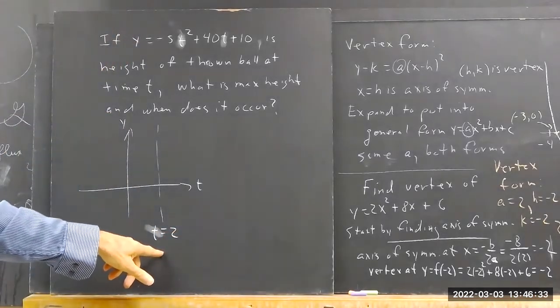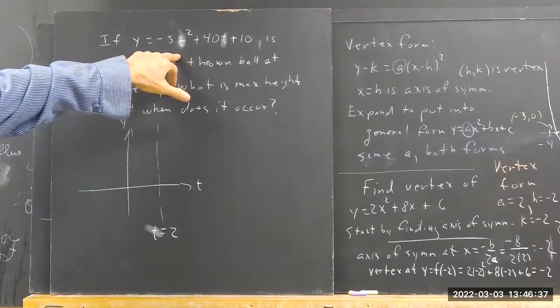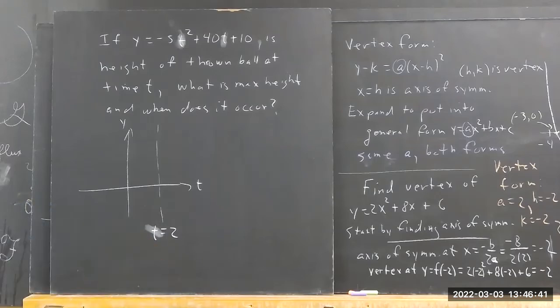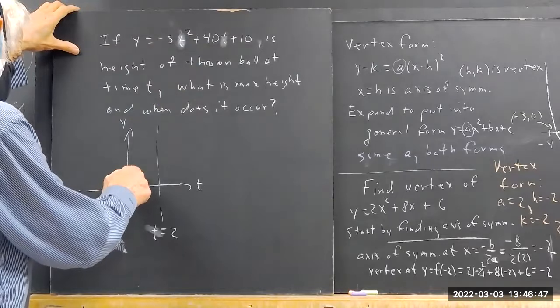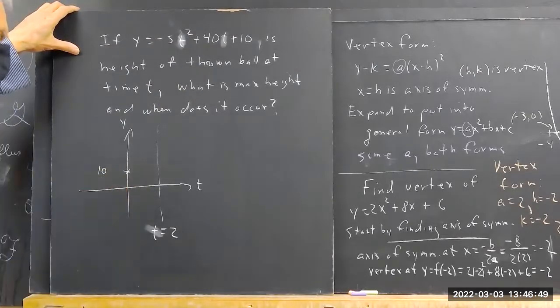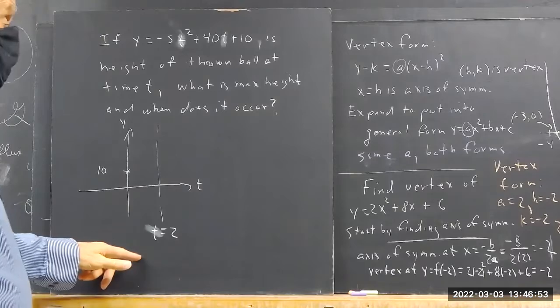The axis of symmetry is going to occur at t equals 2. Your y-intercept is 10. Your vertex occurs when t equals 2.